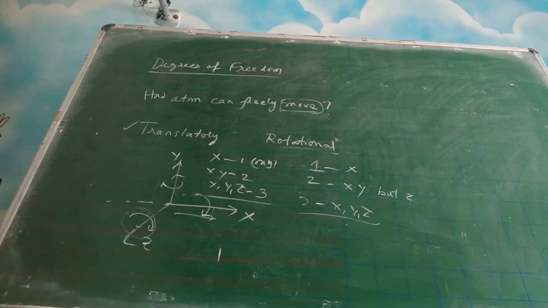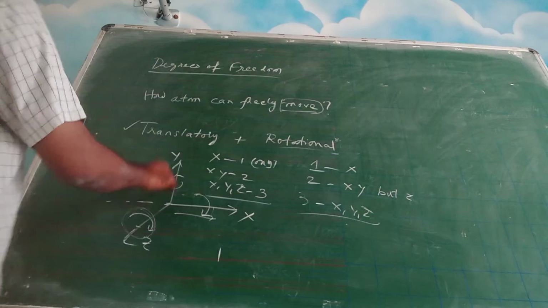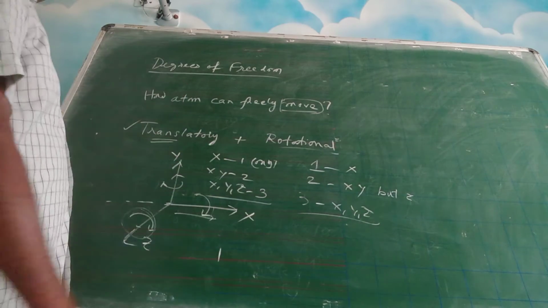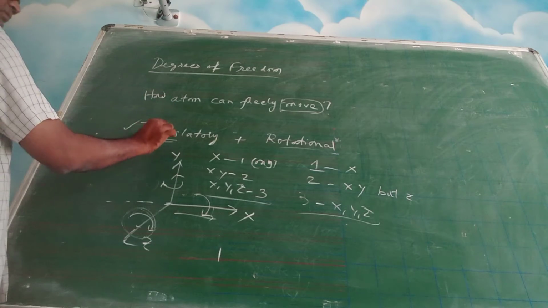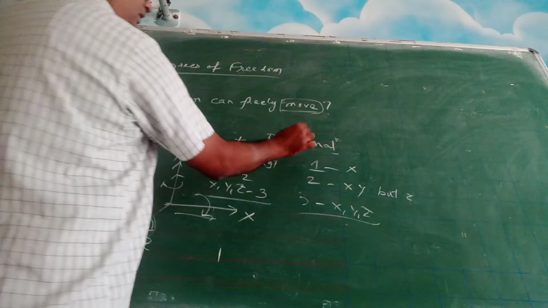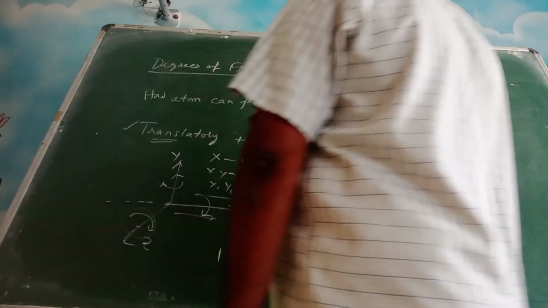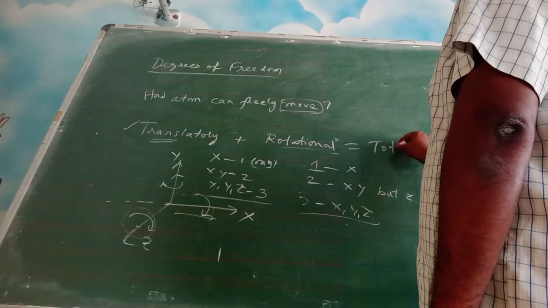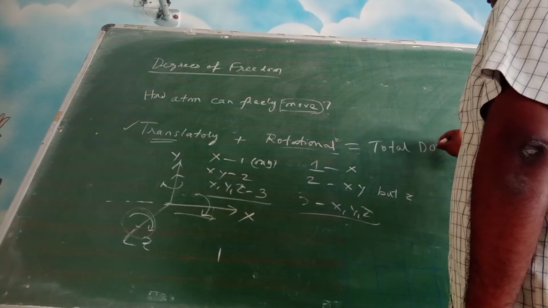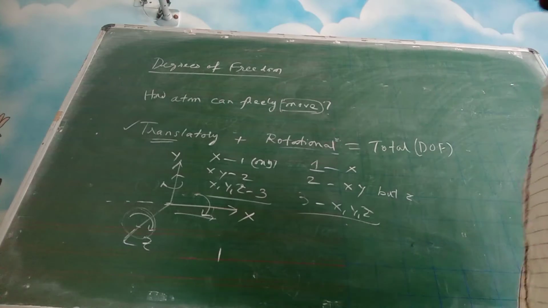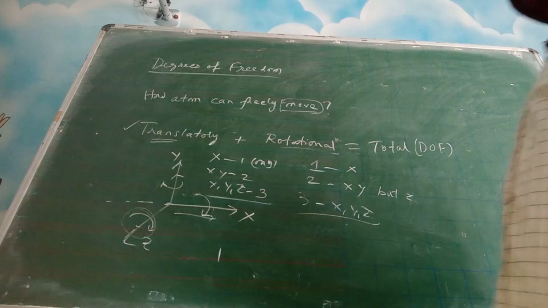So total degree of freedom you will get when you consider how many degrees of freedom in translatory motion, how many degrees of freedom in rotational motion, you get the total DOF, total degrees of freedom. Okay.